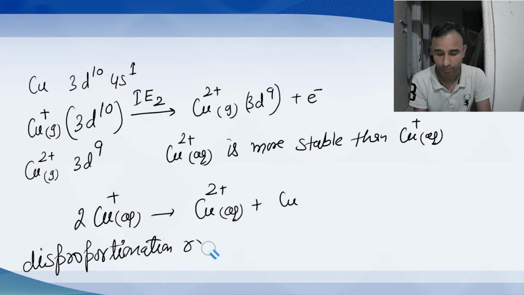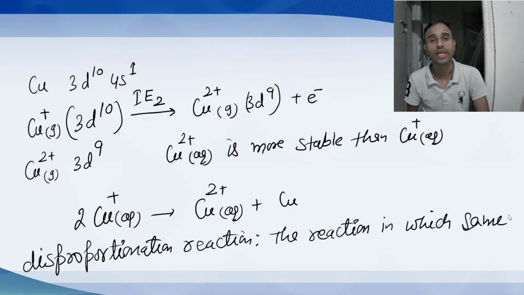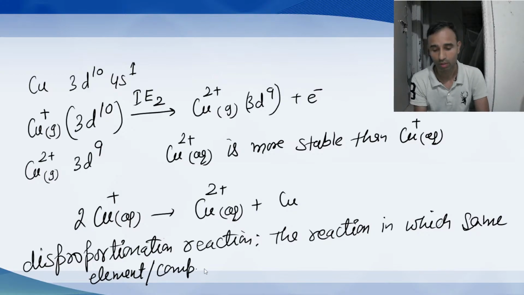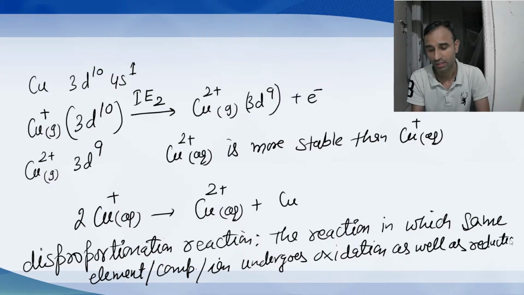Disproportionation reaction: the reaction in which the same element or compound or ion undergoes oxidation as well as reduction is called disproportionation.